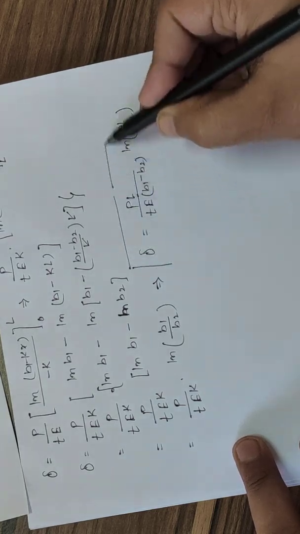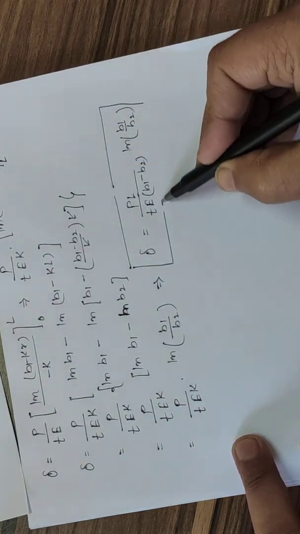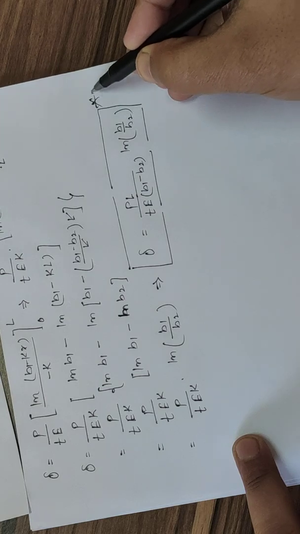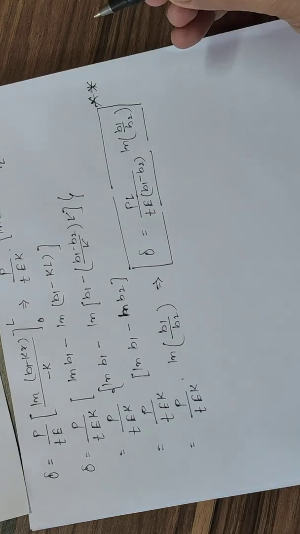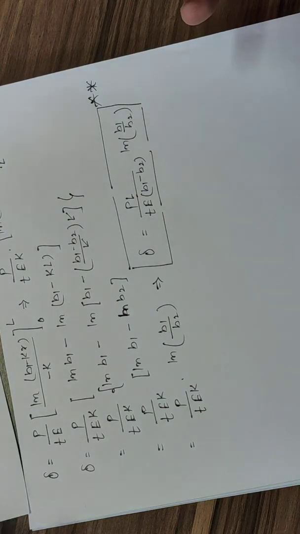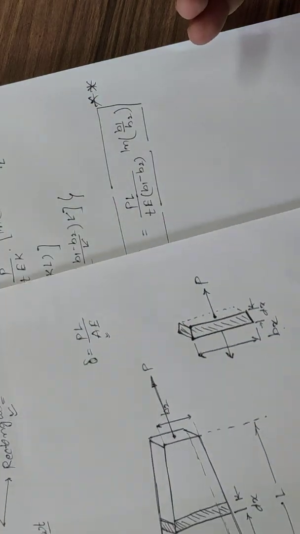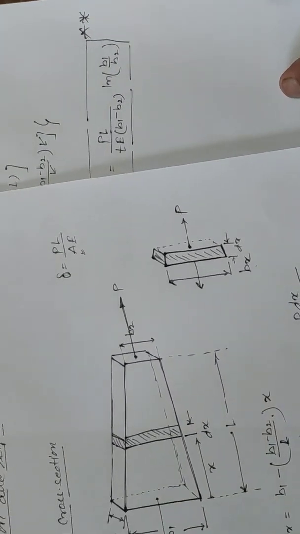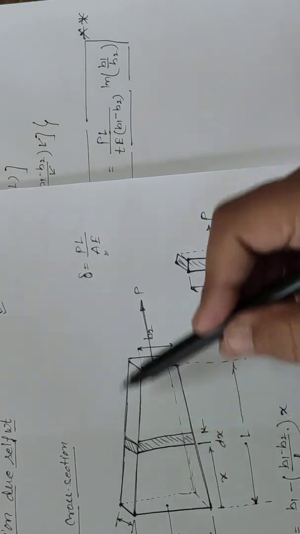So this one is the formula for the elongation of a member whose cross section varies in a rectangular fashion.